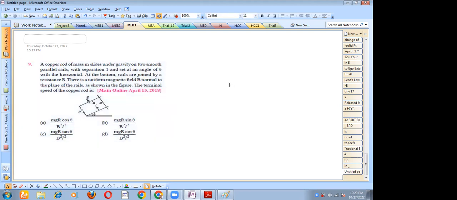Basically, the rod is moving on an inclined plane with constant speed. This angle is theta. If you consider the rod as the object, its component of weight is mg sine theta along the incline.